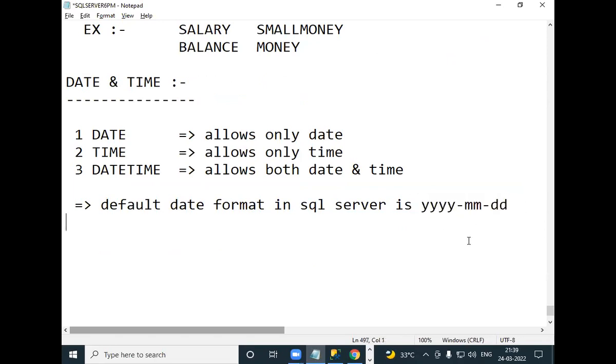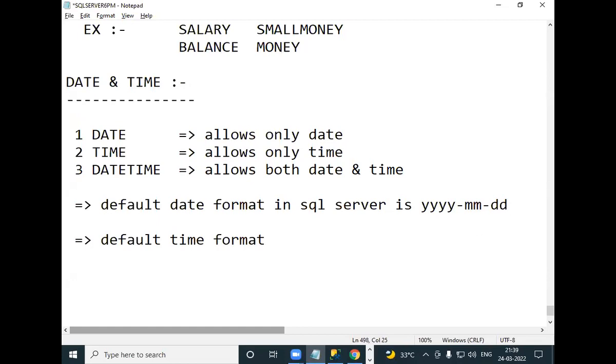YYYY-MM-DD: YYYY means year, MM means month, DD means day. Then what is the default time format? Time format is the same for all; only the date format is different.